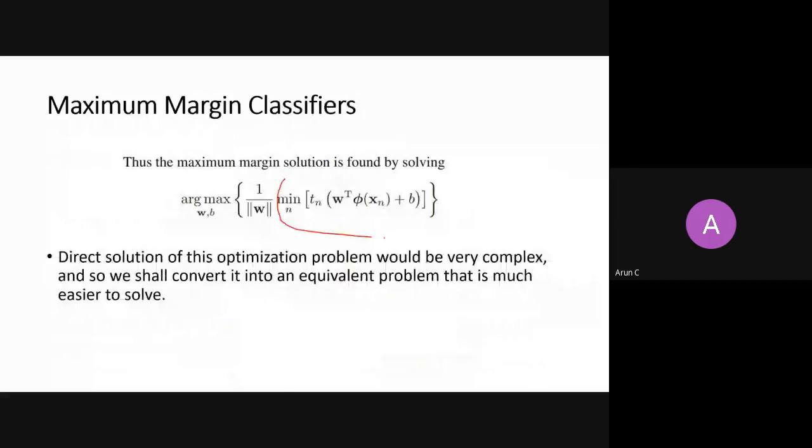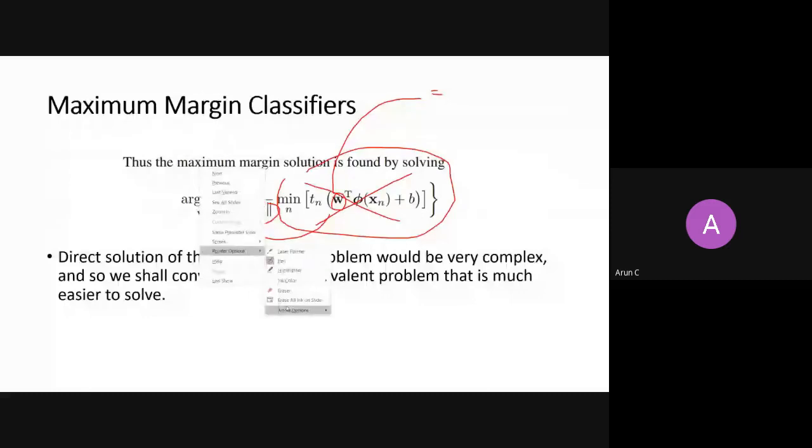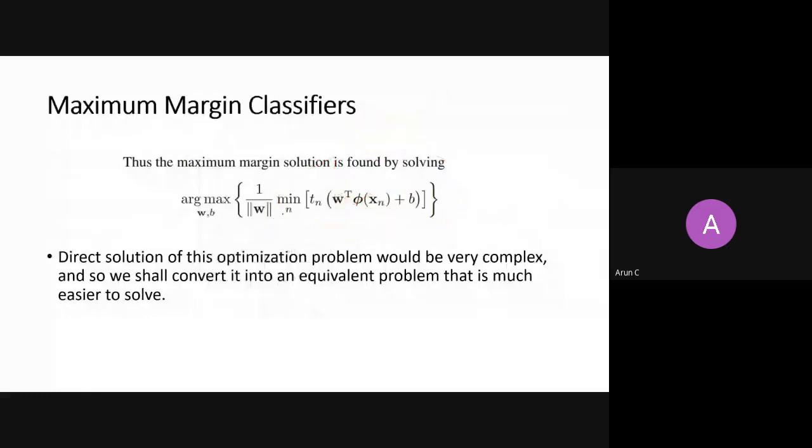Because W was independent, I have taken it outside. Then I scaled my W such that the minimum distance is equal to 1. If it is equal to 1, then this term will go away, and I will be left with only this much, right? But this is also not convex.